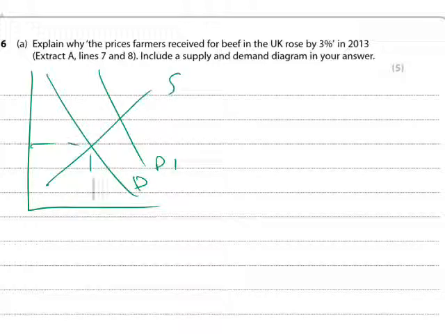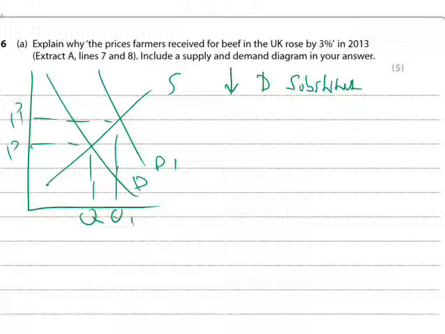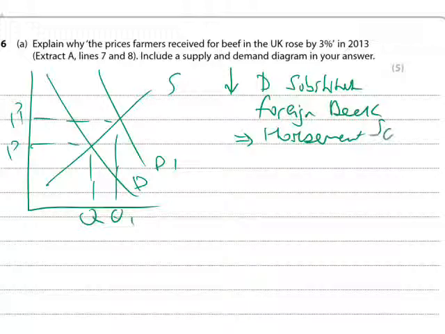As we saw in the extract, it talked about the reduction in demand for the substitute, or at least foreign beef, due to the horse meat scandal, which increased the preference or the utility gained from British beef.